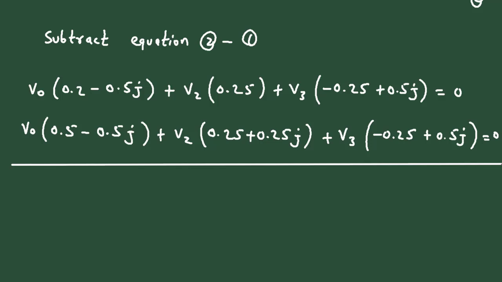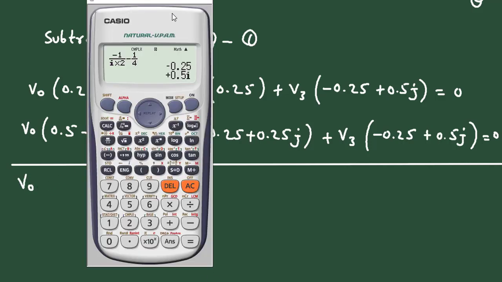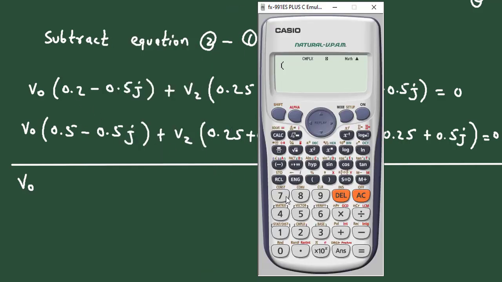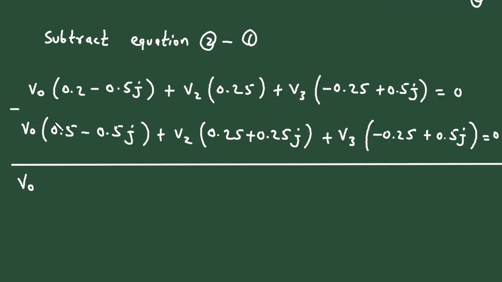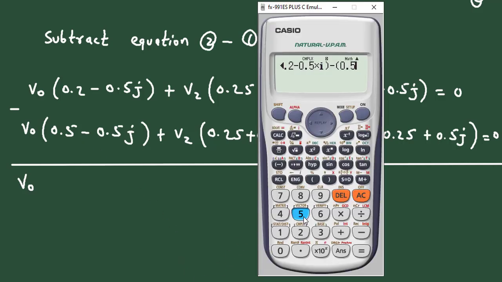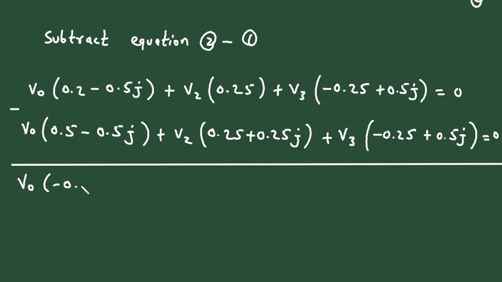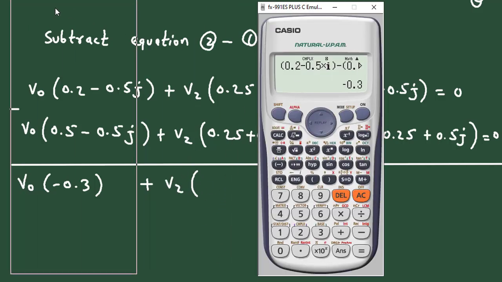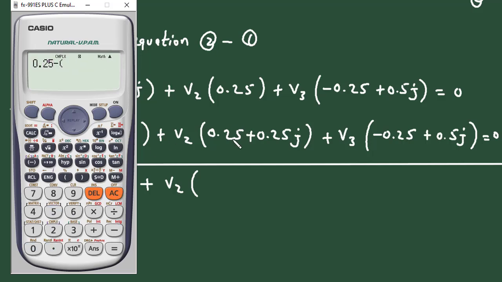So now, if we subtract this minus this, it will be this VO as it is, then this 0.2 minus 0.5 into j, then minus, we are subtracting, then in bracket 0.5 minus 0.5 into j, bracket close, it is equal to minus 0.3 minus 0.3, then plus V2, then in bracket 0.25, minus in bracket 0.25 plus 0.25 into j.